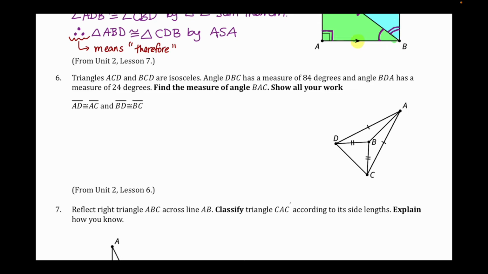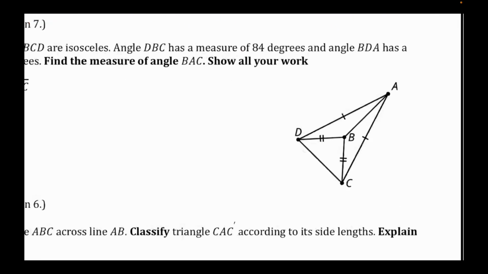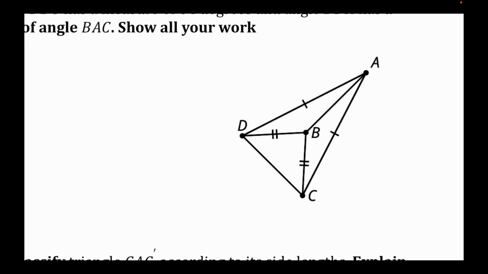So triangles ACD and BCD are isosceles. ACD, that's this big outer triangle, and BCD is the inner one. DBC has a measure of 84, so I'm going to write that in where I see it. It is right here, 84.